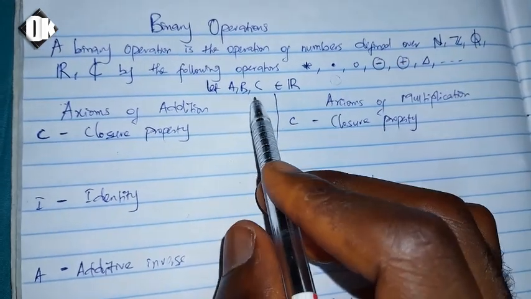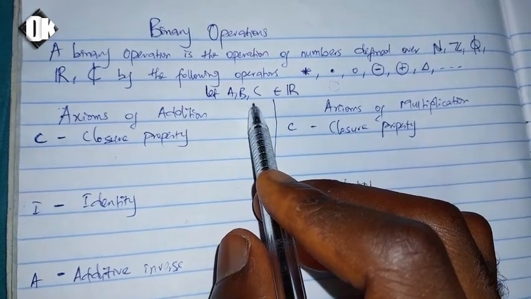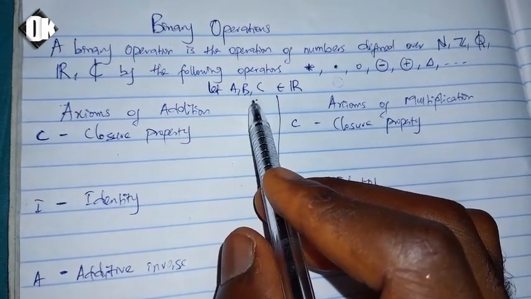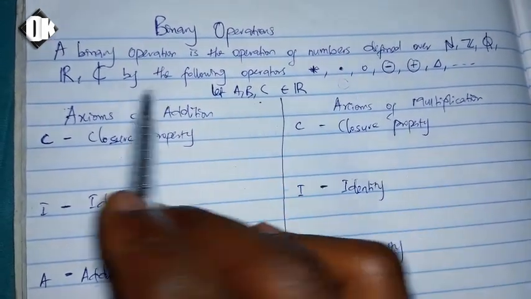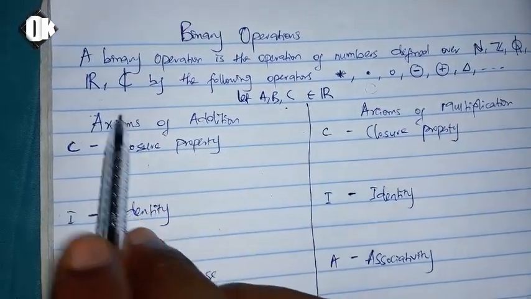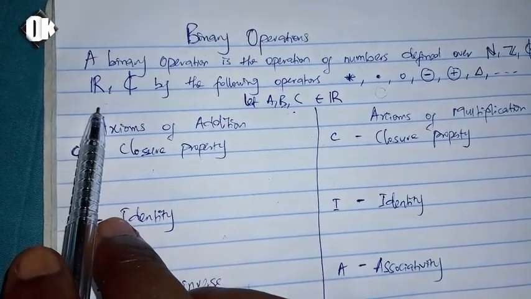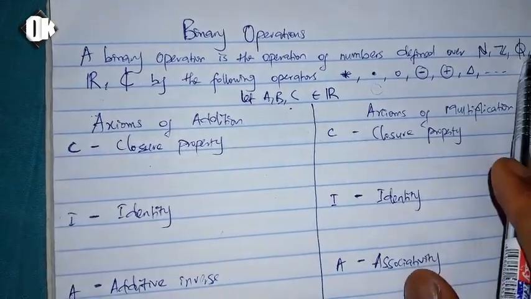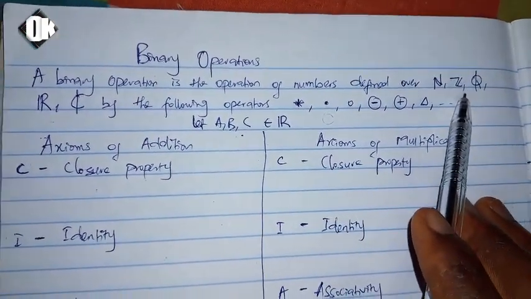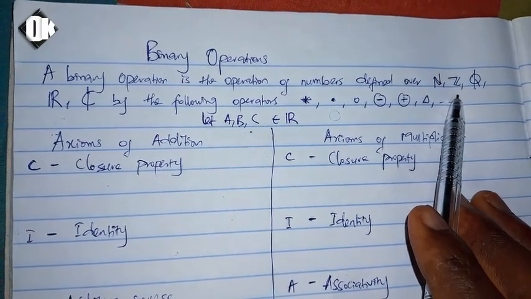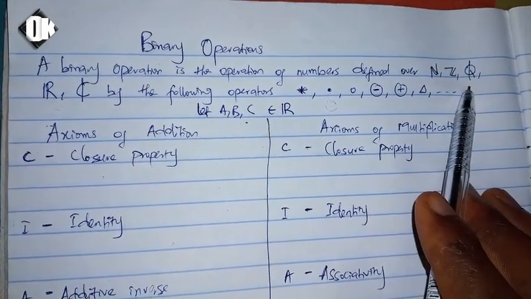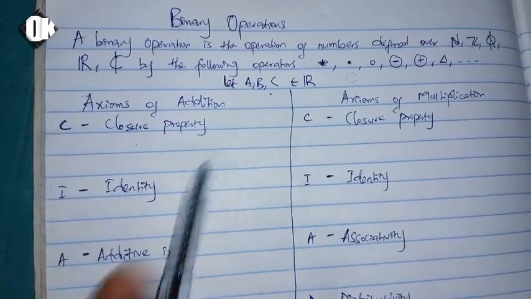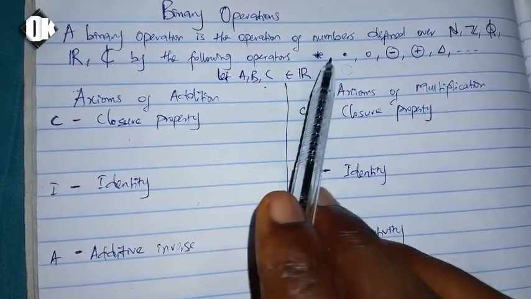That is, A, B, and C can represent any element, any number. Okay, I forgot to define real numbers earlier. Real numbers basically are a set of numbers that includes your rational numbers and integers. That is, the ones involving fractions and the ones involving positive and negative whole numbers, so also positive and negative fractions. So let A, B, and C come from the set of real numbers.